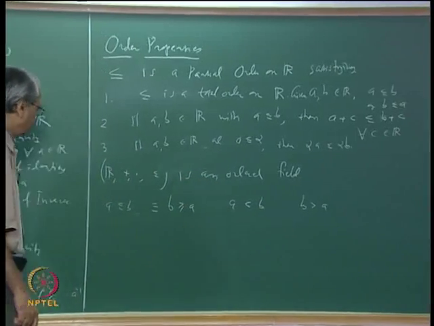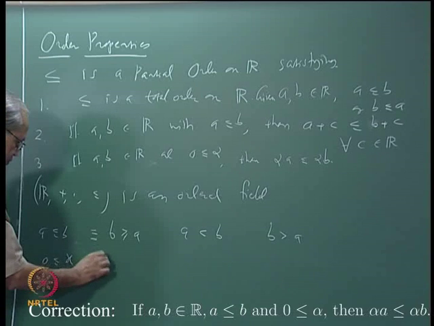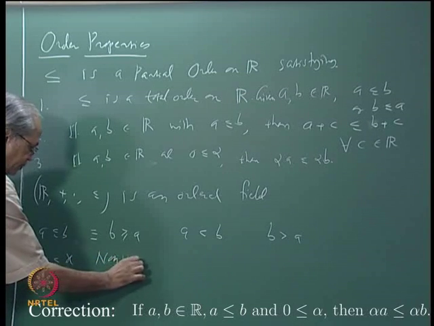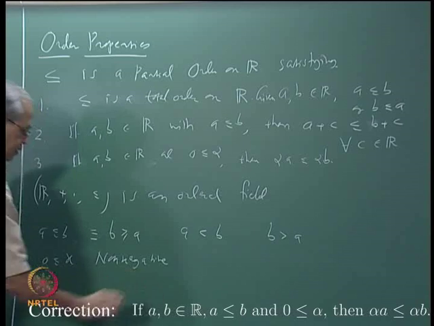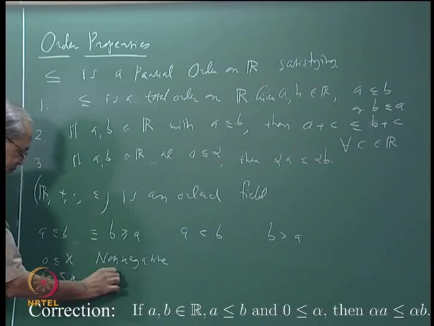We shall also say that if 0 is less than or equal to x, then as we know such a number is called a non-negative number. So we will say that x is non-negative. If 0 is strictly less than x, then such an x is called a positive number.